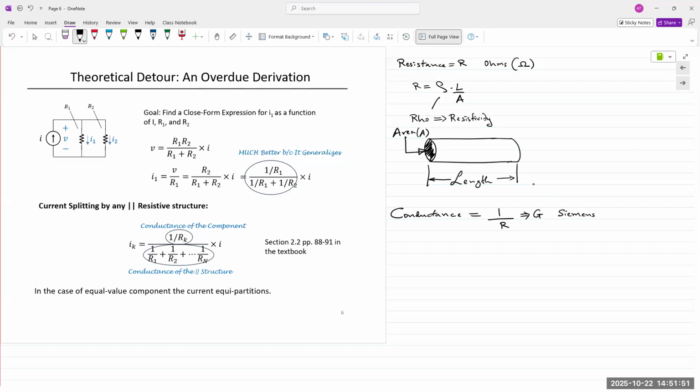It is named after the Austrian-German physicist Siemens. Noted with uppercase S. Often it's also known as mho, M-H-O. Mho.